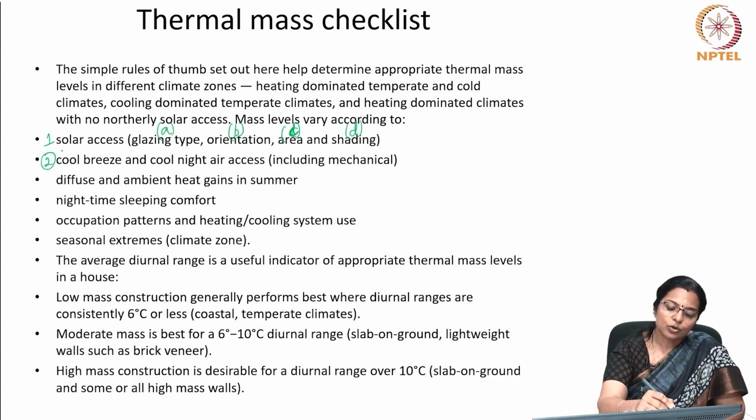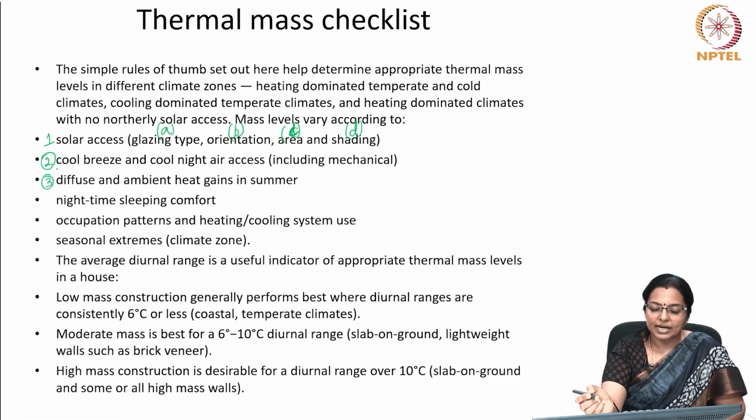Second is cool breeze and cool night axis, including mechanical. Third is diffuse and ambient heat gains in summer. Fourth is nighttime sleeping comfort. Fifth is occupation patterns and heating or cooling systems use.